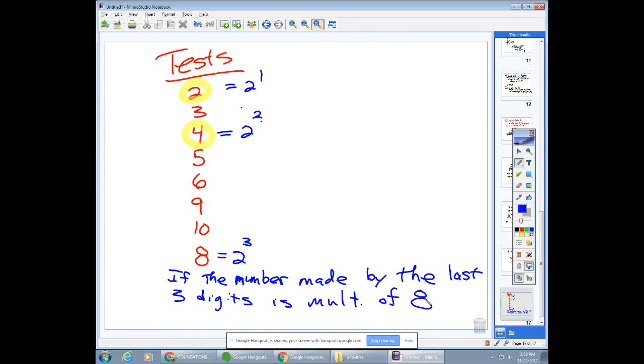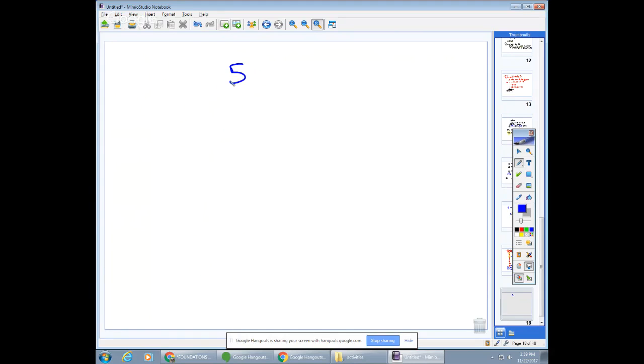For example, let's look at 136. I'm pretty sure 8 goes into that. So suppose we have 5,136. My claim is 8 goes into 136. How many times? 17 times, I think. Double check: 17 times 8. 8 times 7 is what? 56. 8 times 1 is 8, and 5 is 13. So yeah, there's 136.